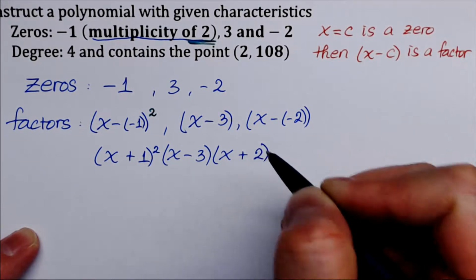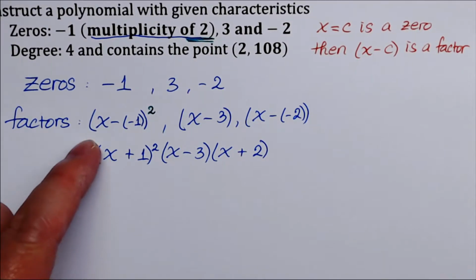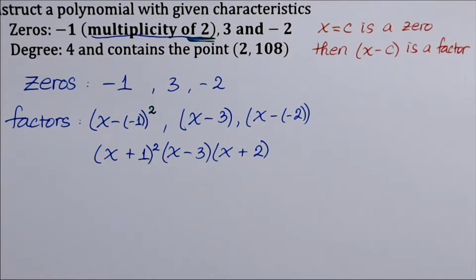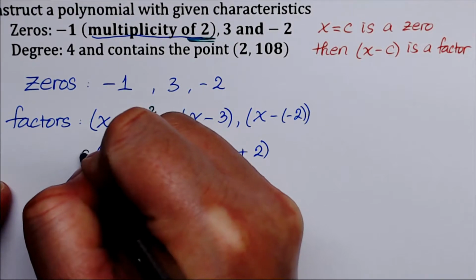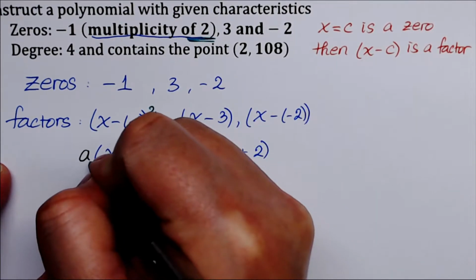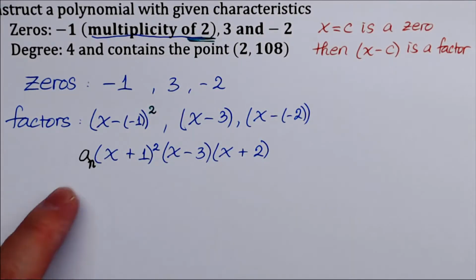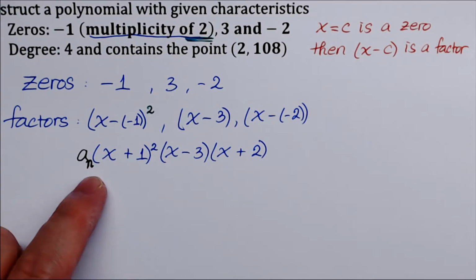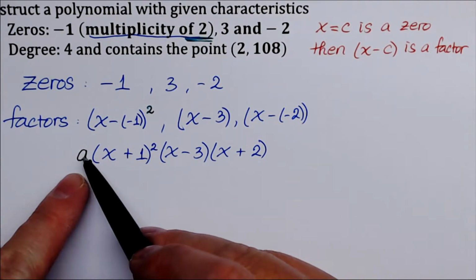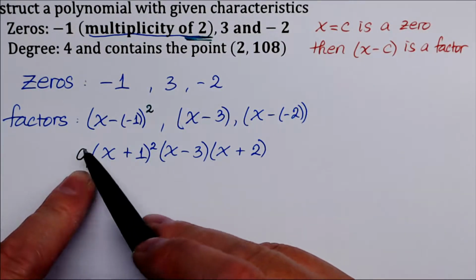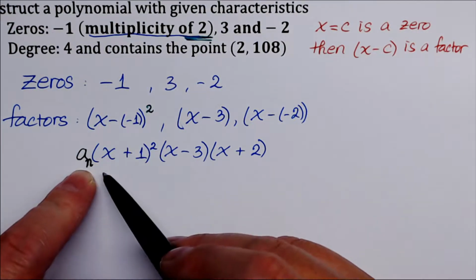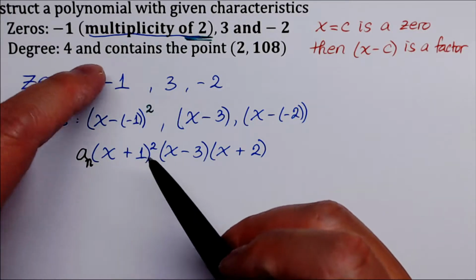So the polynomial that we're trying to find, we have to have those factors. But not just that. We might have a leading coefficient to be anything. We should write a sub 4, but it's fine, a sub n, because this coefficient does not affect the factors, therefore does not affect the zeros.